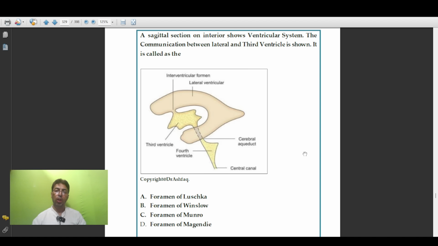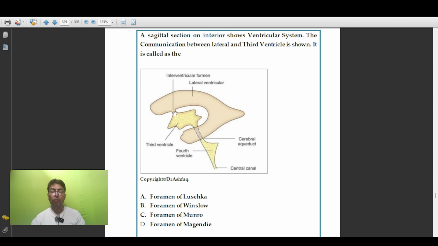So a simple concept-based question, because you have to remember there are these eponyms in anatomy, that there are certain important foramina named after certain people, after certain dignitaries, and certain foramina given the name as such. So you are well aware of foramen ovale, foramen spinosum, foramen magnum, jugular foramen, foramen of Winslow, foramen of Monro, which is mentioned over here. But over here, the question specifically tests your ability to know the communication between lateral and third ventricle.